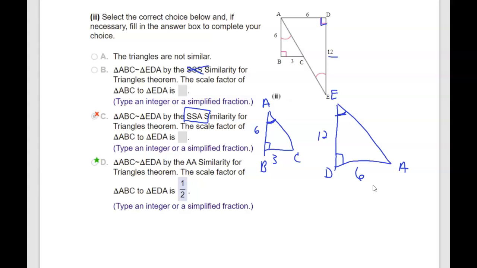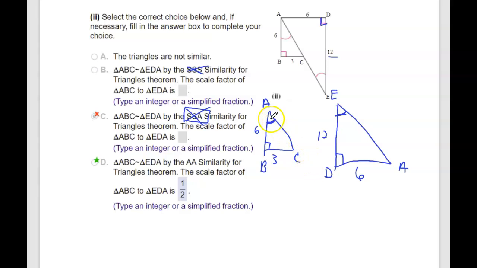Not that they're just congruent or that they're on a scale, but they're actually equal to each other. I don't have two sides that are equal to each other here. These two sides are not equal, and these two sides are not equal to each other. So I cannot select side angle.